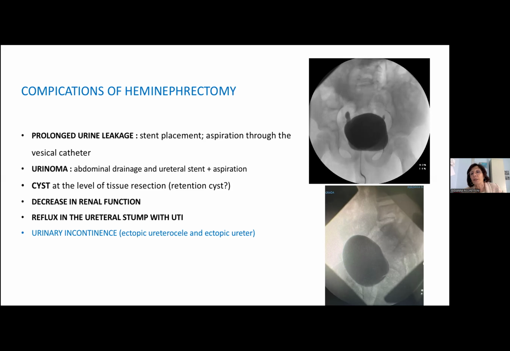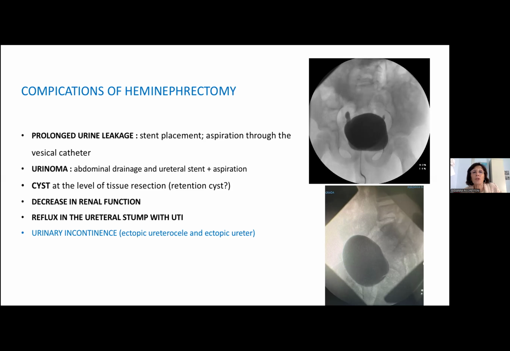The ectopic ureter, which ends, as in this case, in the bladder neck or out of the bladder neck, can lead to urinary incontinence. In this case, it is not a consequence of heminephrectomy, but heminephrectomy can treat the disease of the non-functioning pole, upper or lower pole, but it cannot solve the problem of urinary incontinence that remains open.